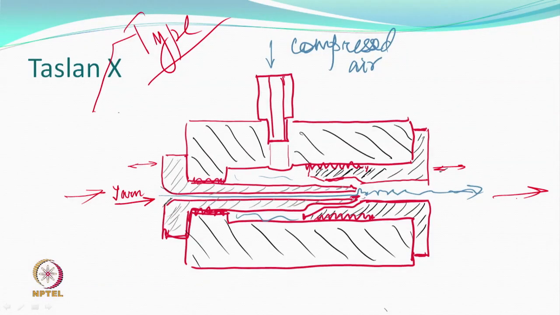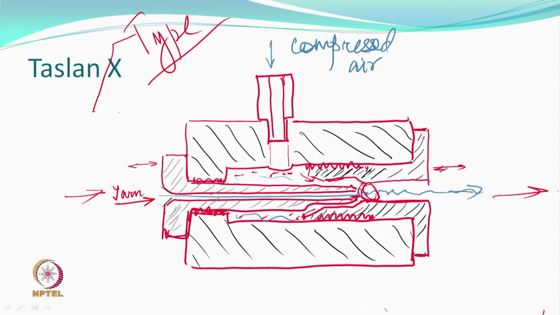It comes and gets into the chamber all across, then goes like this, and somewhere here the yarn and the air meet. Interestingly, you can see the exit of the jet is not diverging here, while there is a convergence as the feed tube enters, and the air all along comes and then moves.